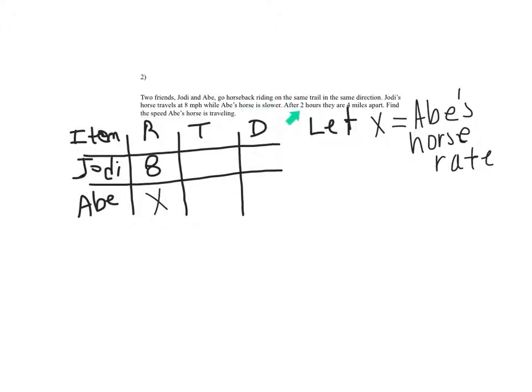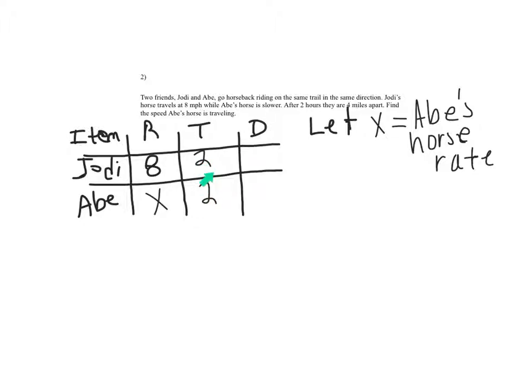Now, next sentence here. After 2 hours, they are 4 miles apart. The 2 hours, they're telling you, is the amount of time they actually did ride for. So this time, the 2 hours is given, which is our time, so we're going to put 2 right in both of these spots.